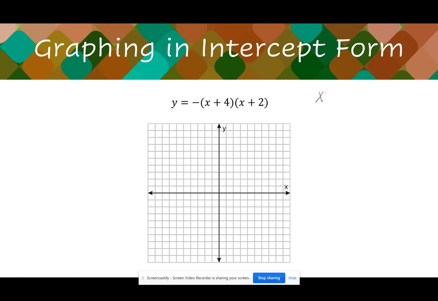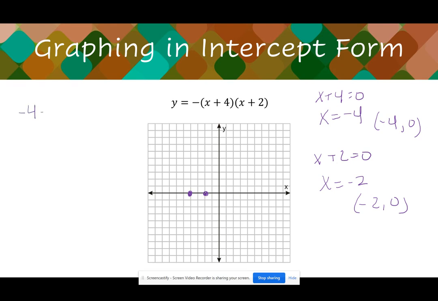Once again, x plus 4 equals 0, x plus 2 equals 0. So we have x equals negative 4, x equals negative 2: (negative 4, 0) and (negative 2, 0). Graph them, find the middle point. It's going to be negative 3, or you can do negative 4 plus negative 2 divided by 2. Negative 6 divided by 2 is negative 3.